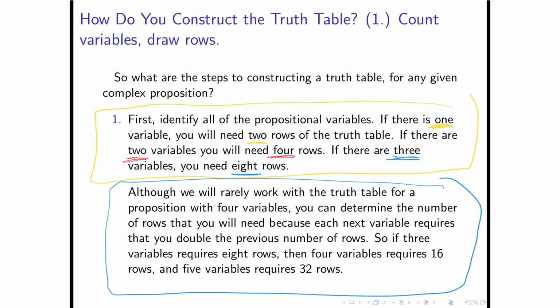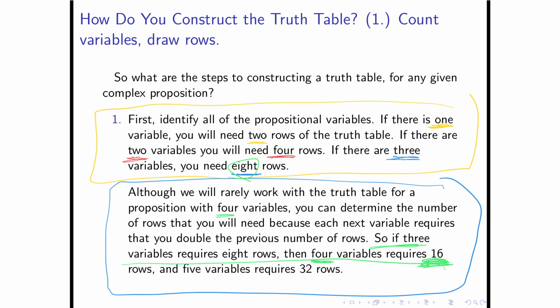So we won't often use 4 or more variables, but in the few cases where we will, you can always determine how many rows you need by taking the number of rows you needed for one fewer variable and doubling it. For 3 variables that was 8, so if you have 4 variables, you're going to require 16 rows, which is twice the number you needed for 3 variables.